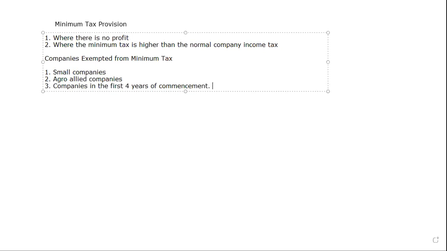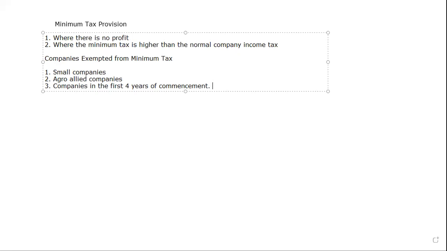Why should you compute minimum tax, or why do you assess a company to tax based on the minimum tax provision?